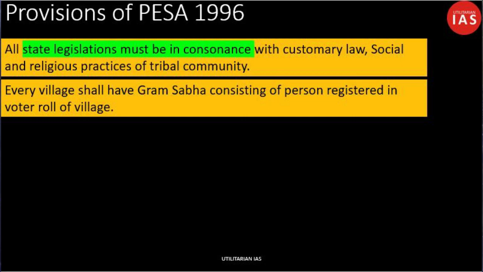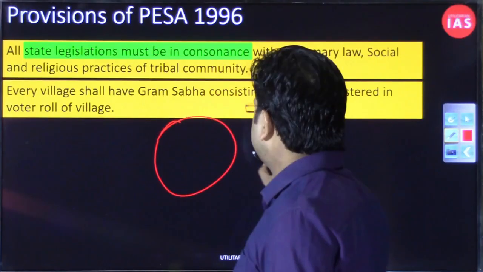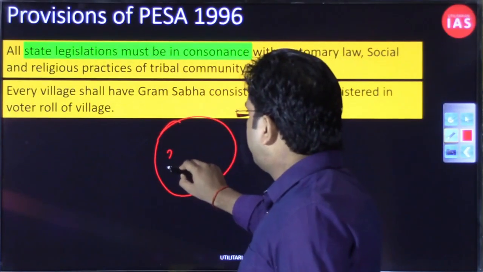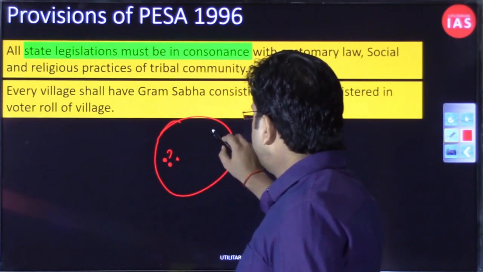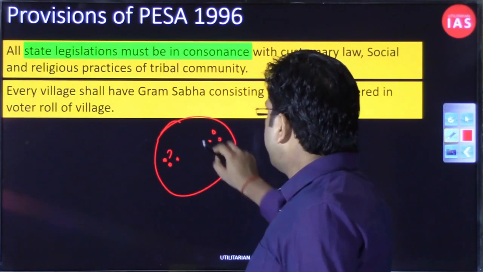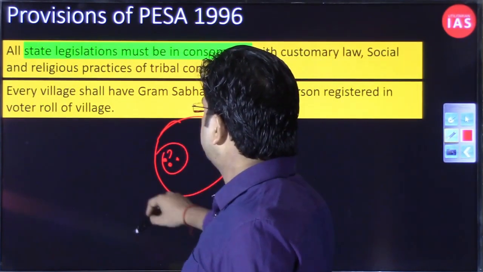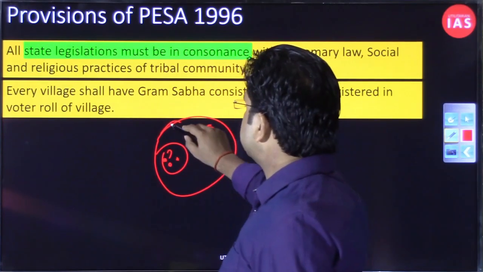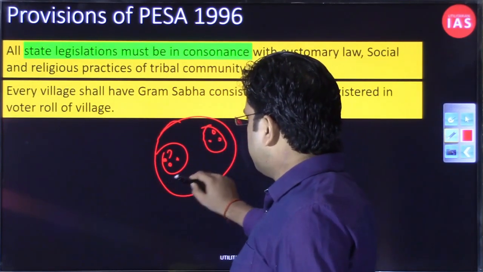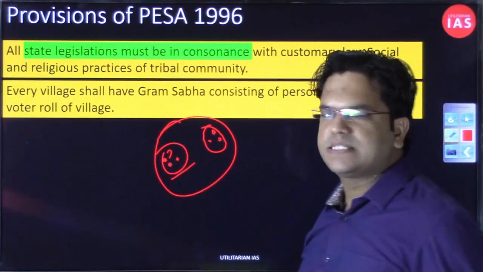Now the point arises: if I talk about the Madhya Pradesh example, if their population is limited only to certain hamlets, why should all the state legislation be built in consonance with their social values or their distinctive culture?